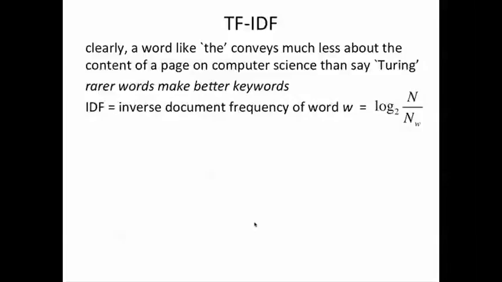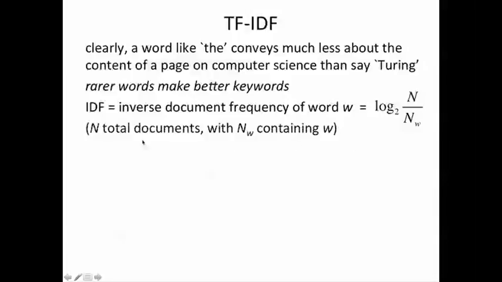the concept of inverse document frequency of a word becomes useful. Now, what is inverse document frequency? Let N be the total number of documents, say all the documents on the web, and out of these, N_w contain the word w.